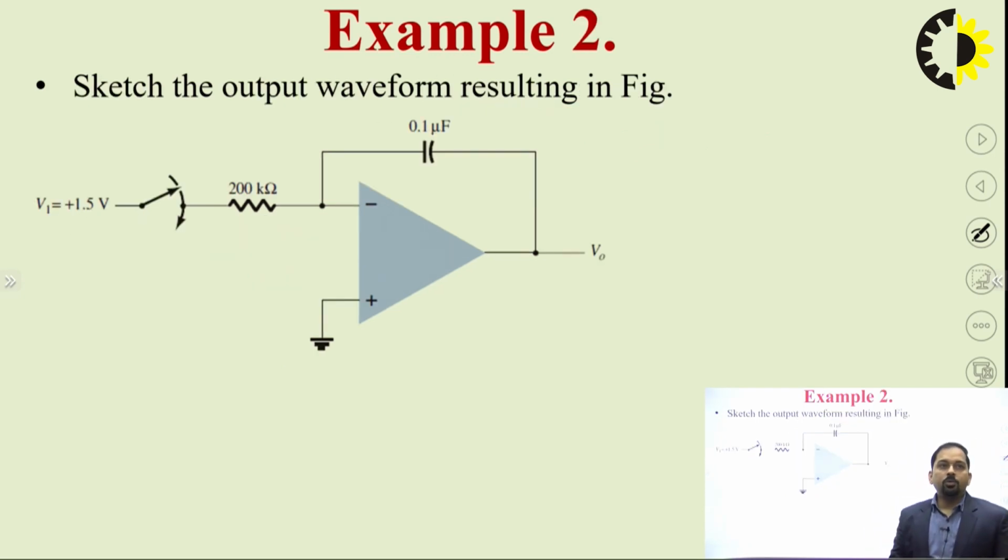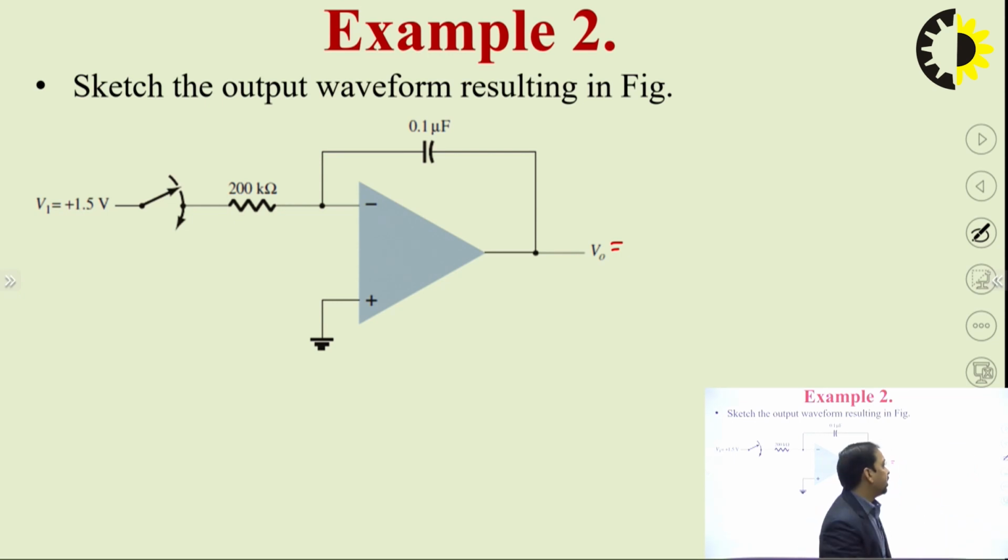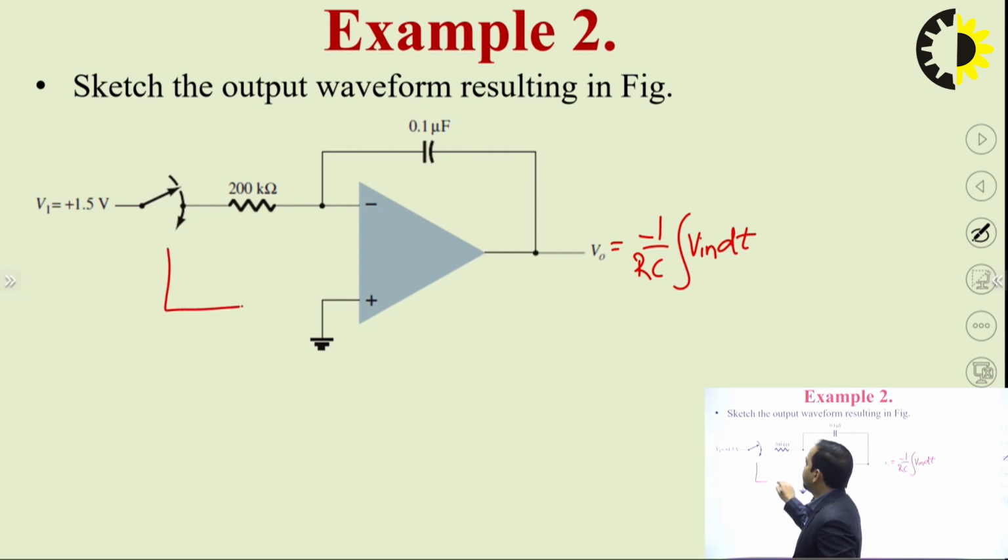Similarly, we need to sketch the waveform. As it is clear that it is an integrator circuit, the output expression for the integrator is minus 1 by RC integration of V in dt. So if the signal applied here is a step signal of 1.5 volt, this is the input signal.